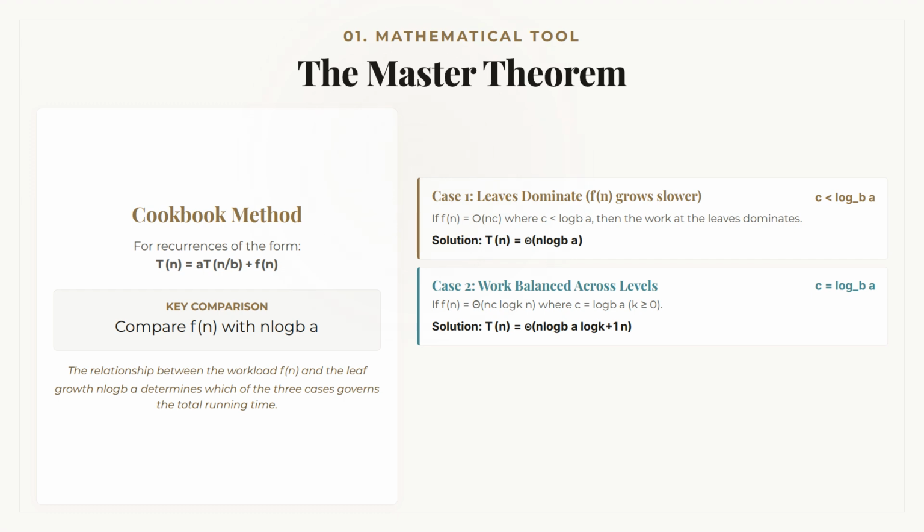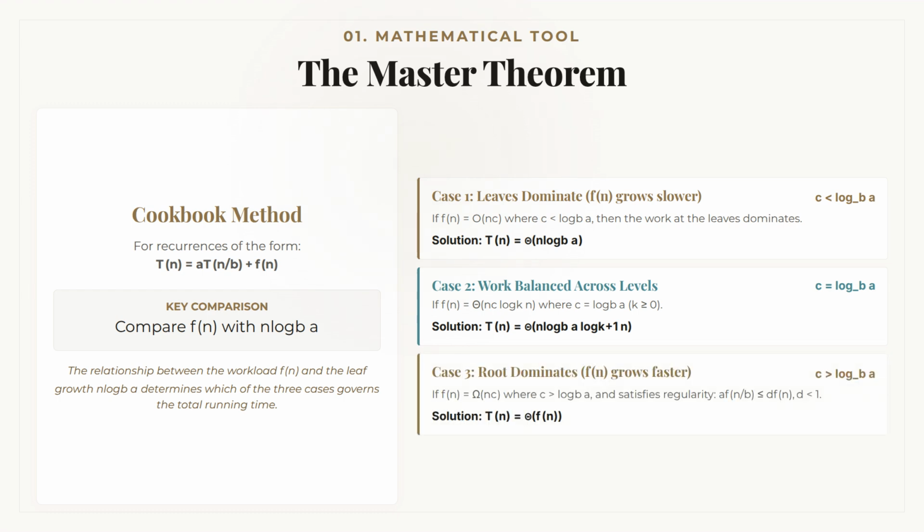In the second case, if f(n) grows at exactly the same rate as n raised to the power log base b of a, then the work is distributed equally across all levels of recursion. The solution then becomes theta of n raised to the power log base b of a multiplied by log n.